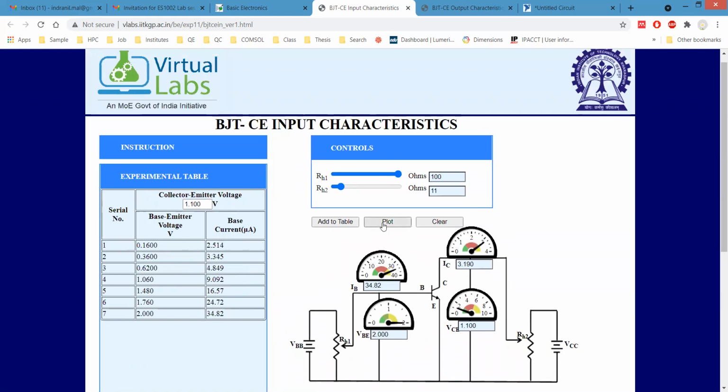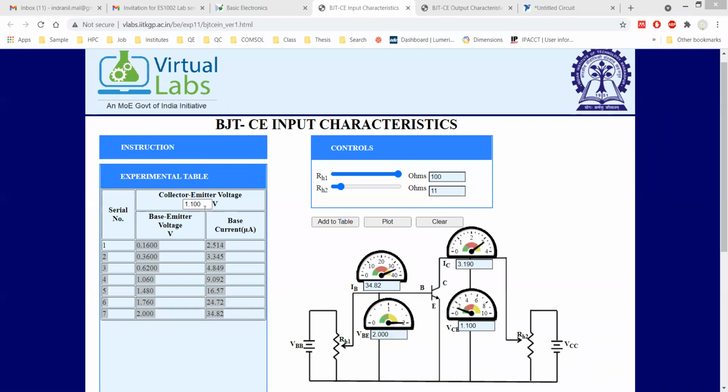Or else it will be better if, let me copy this one. Actually, what I am trying to get is several sets of data for collector emitter voltage. Now you can see we have this set of data for a collector emitter voltage of 1.1 volt. Now we are going to increase the collector emitter voltage and take the whole set of data that we have taken already, and then measure what the characteristics will be. Then at a glance we can see the whole picture.